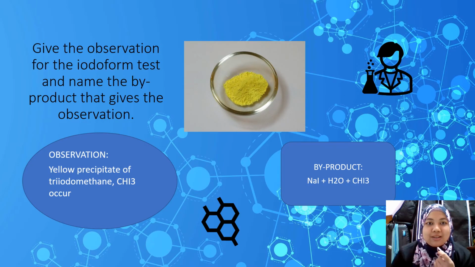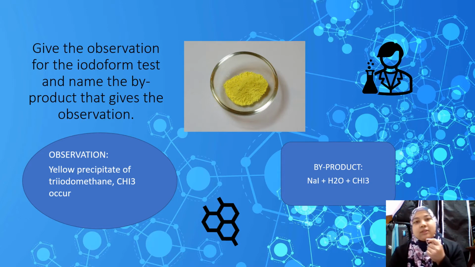My name is Sofia binti, and I am going to give a presentation for the next questions. The question asks for the observation for the iodoform test and the byproduct that gives the observation.